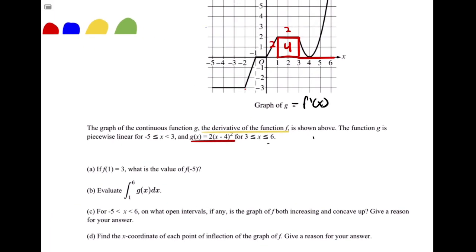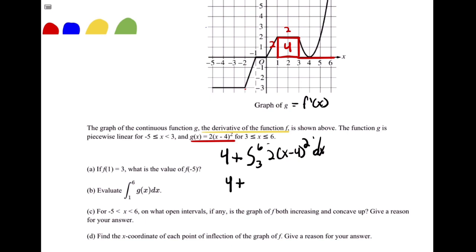So now we must add these two values together in order to evaluate what B is asking. It would be 4 plus the integral from 3 to 6 of 2 times (x minus 4) raised to the second power dx.